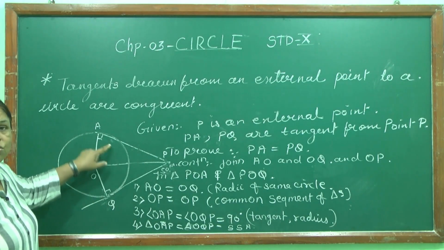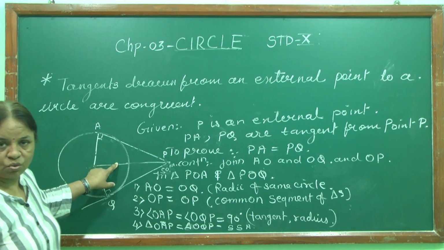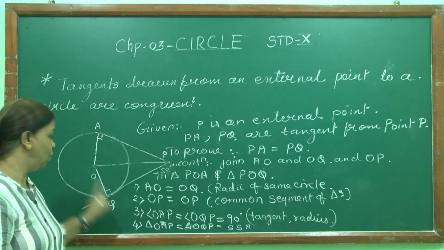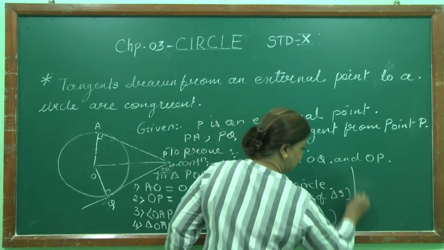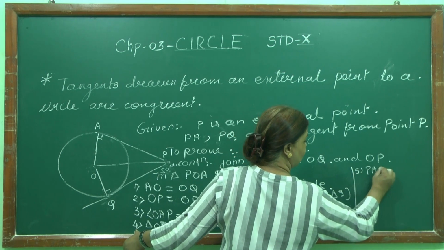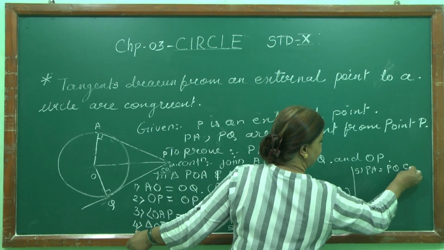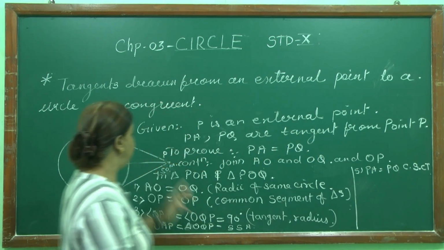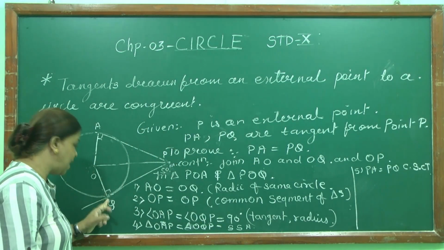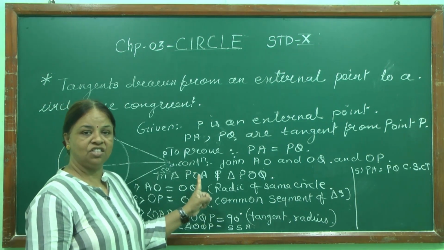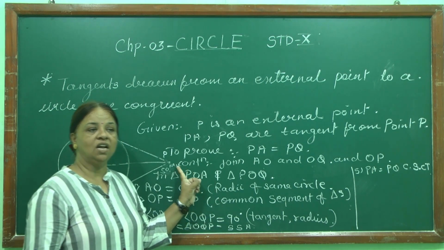We proved these two triangles equal. So we can easily say that PA is going to be equal to PQ. So I can write here next point, that is fifth point, PA is equal to PQ. Congruent side of congruent triangle. And PA and PQ are nothing but tangent. Hence proved that tangents drawn from the external point are congruent.